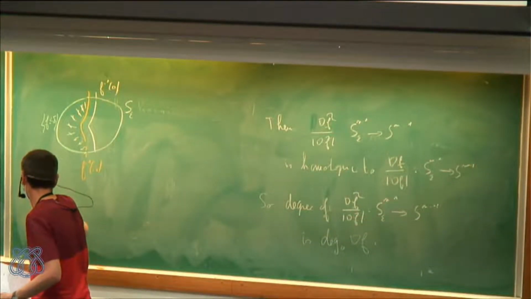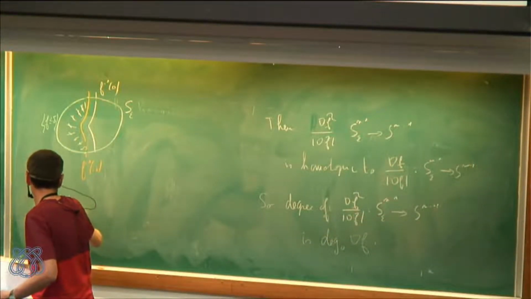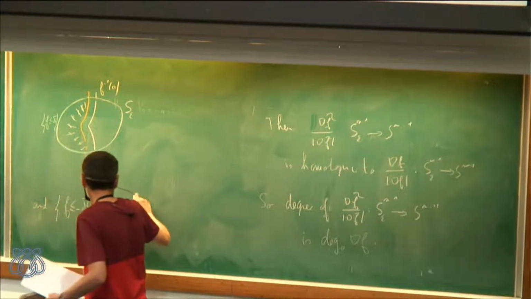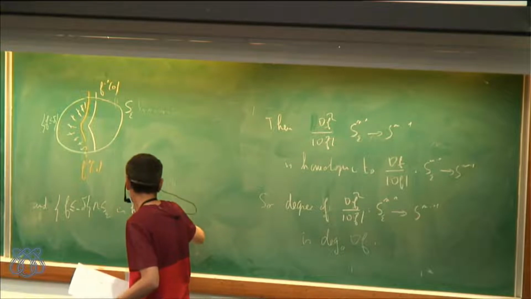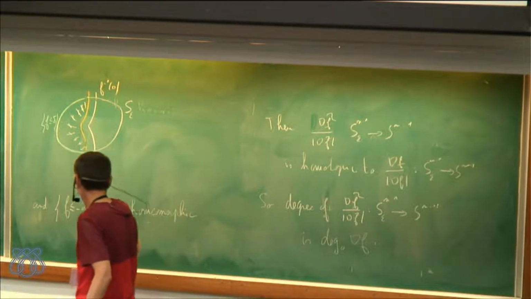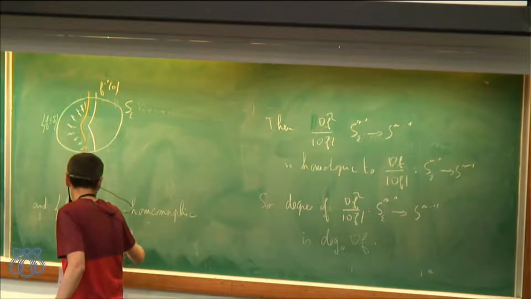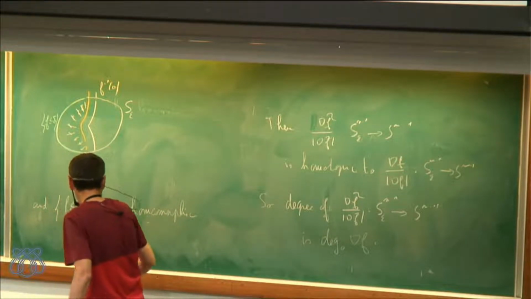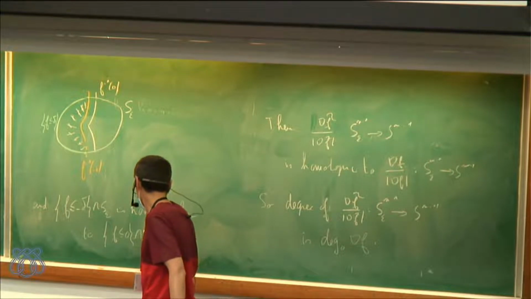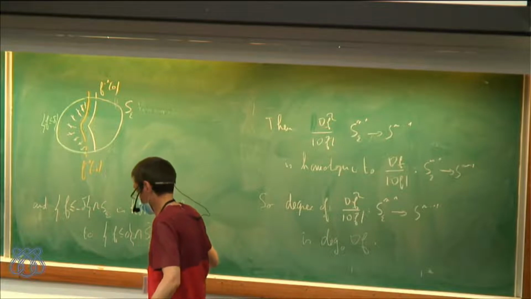And this is homeomorphic to the negative, f smaller than 0 intersected with the sphere. Okay.